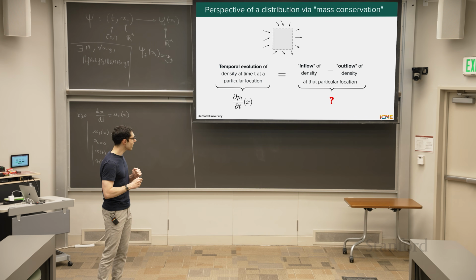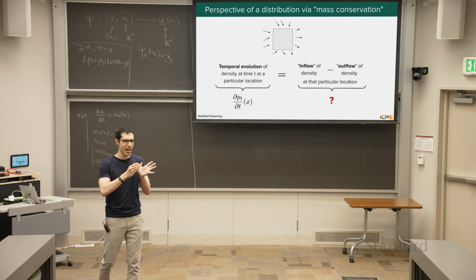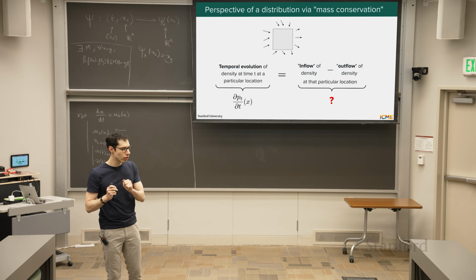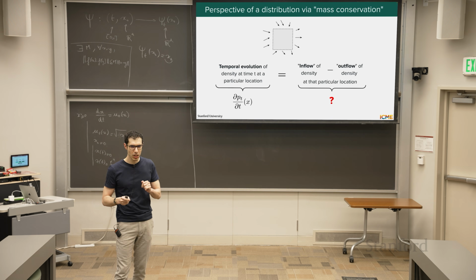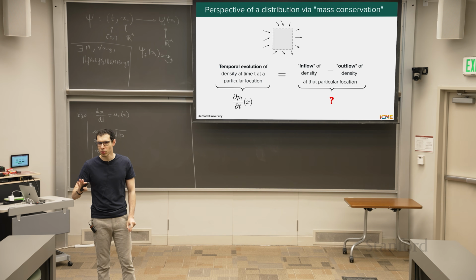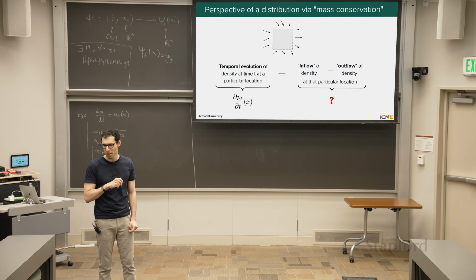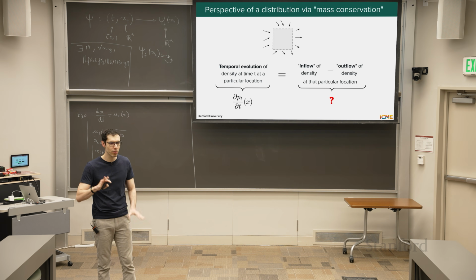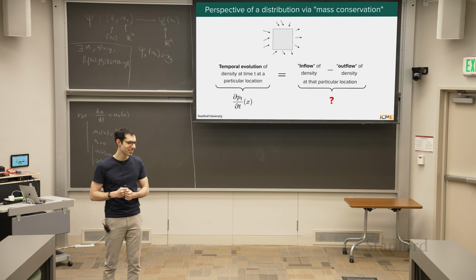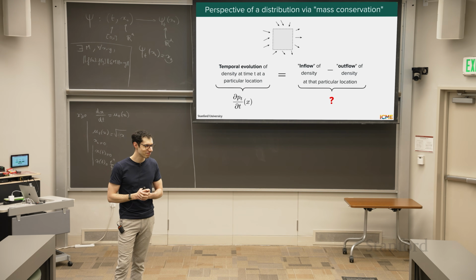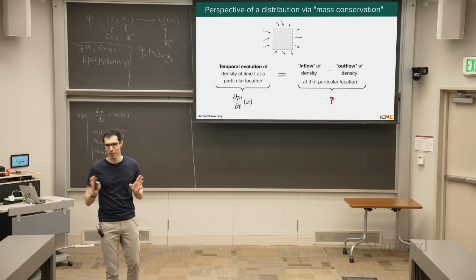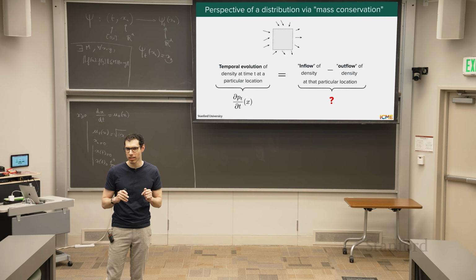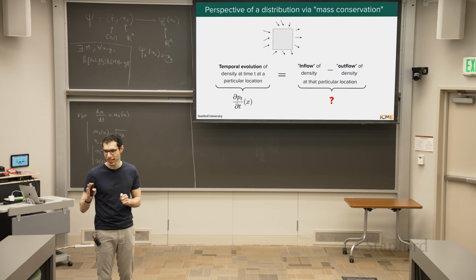So what we're going to see now is how we can quantify the idea on the right side of the equal sign. But before we do that, I just want to take a pause. Does this idea make sense? Conservation of mass. By the way, have you seen it in another topic? Yeah? So in physics, you have the same thing. It has a name. It's called the continuity equation.